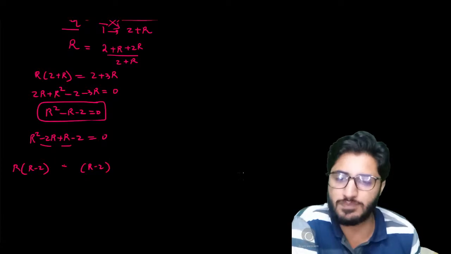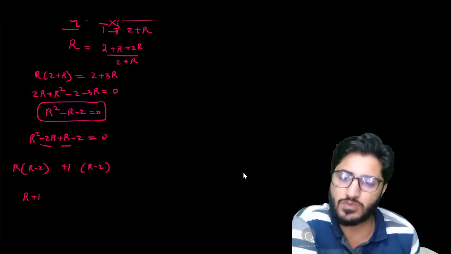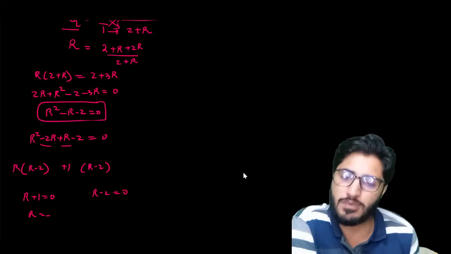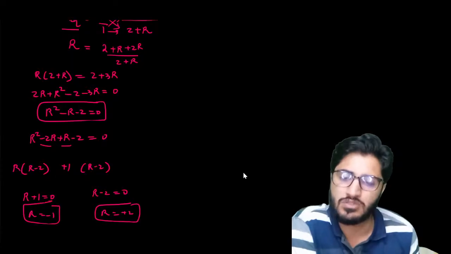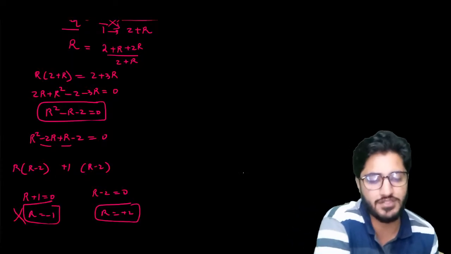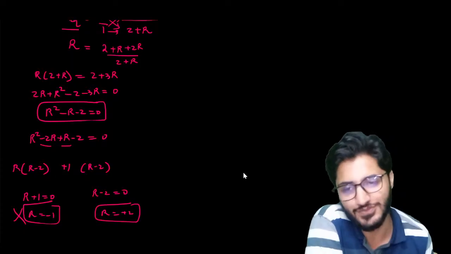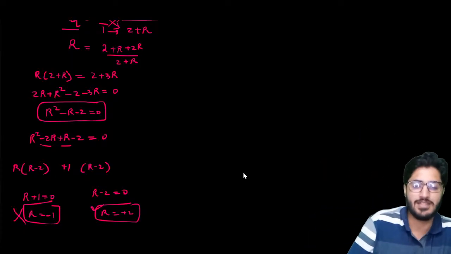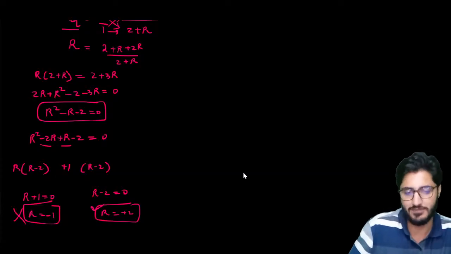R minus 2, it is plus 1. Therefore, R plus 1 equals 0 or R minus 2 equals 0. So R came out to be minus 1 or plus 2. Done. Minus 1 is not possible, so R is 2. The equivalent resistance came out to be 2 here.